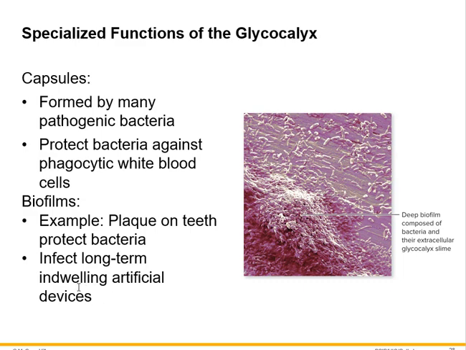But they also are found on indwelling artificial devices. This is a real concern if you get a knee, hip, or shoulder replacement with those artificial devices. They can form this biofilm, and it's about 1,000 times more resistant to chemicals, antibiotics, antiseptics, and other things than other bacteria cells.